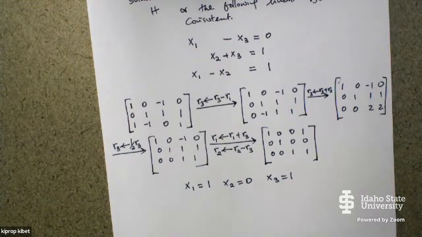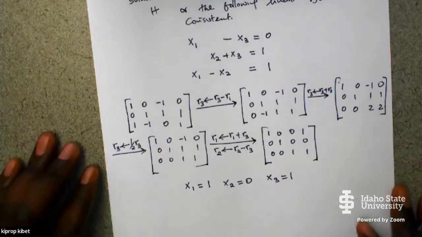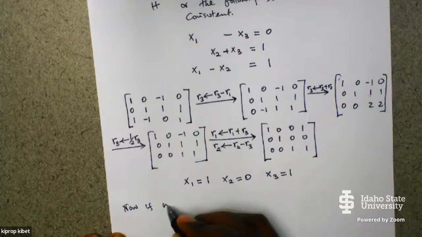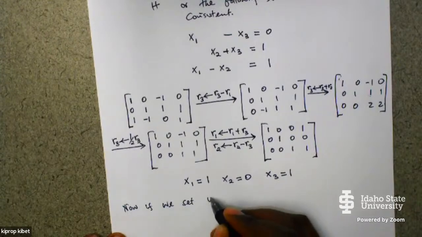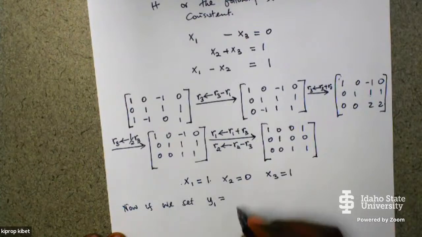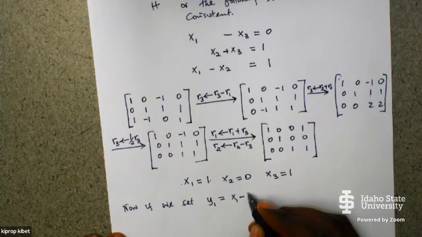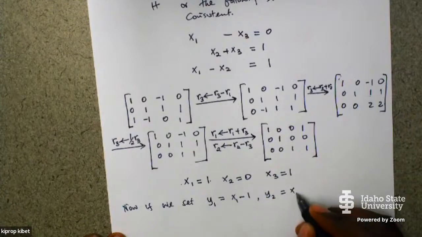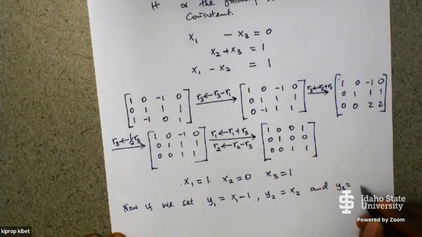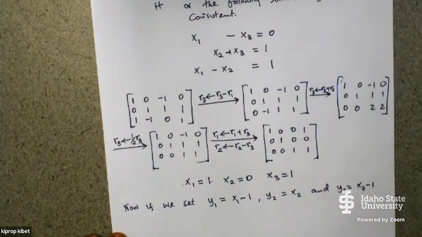Now, if we set y1 equal to x1 minus 1, y2 equal to x2, and y3 equal to x3 minus 1.